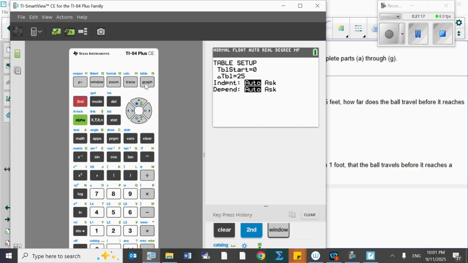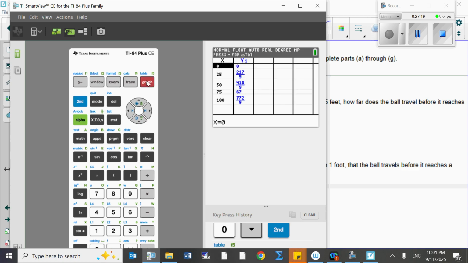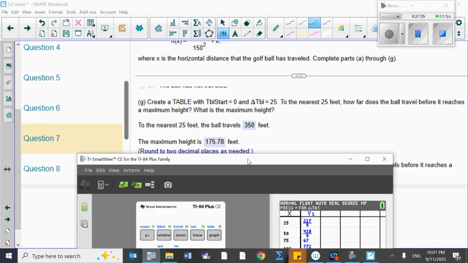Second graph is going to give me the values on the table. Now I see here that is the list of x values. This is the list of y values. And as I move down, I'm going to check these values and see which one is the highest value, because it's asking us for the maximum height.